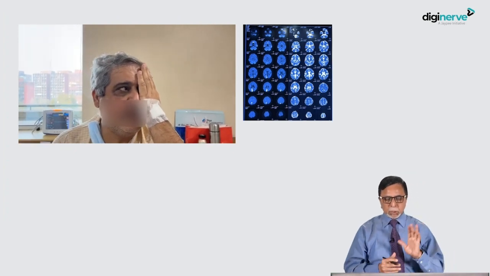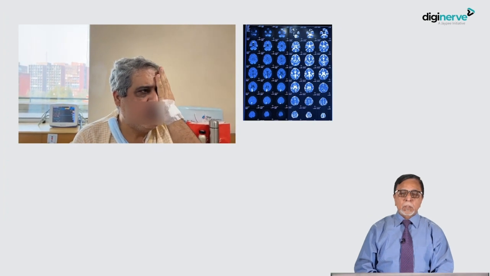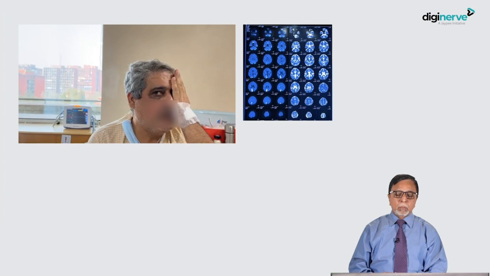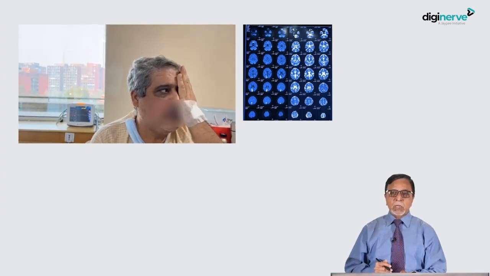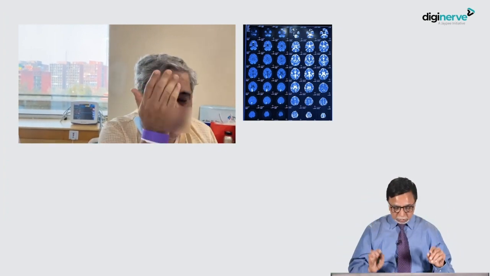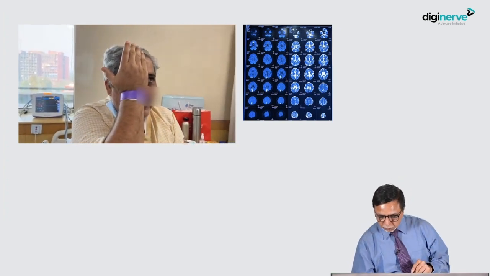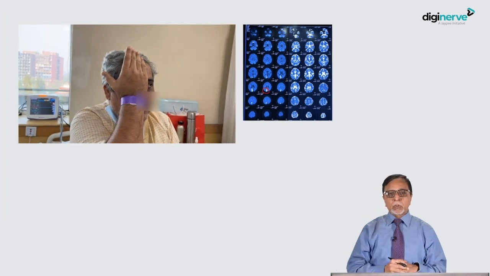Now, look at this gentleman. He came to our emergency room with blurring of vision, marked vertigo, and vomiting. This triad in a person of this age indicates vertebrobasilar insufficiency. And you see the eyes are being tested by the resident. Now you see here there is an infarct in the occipital region.